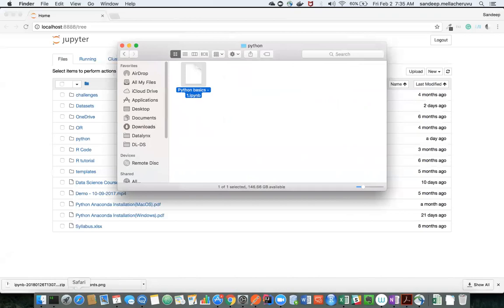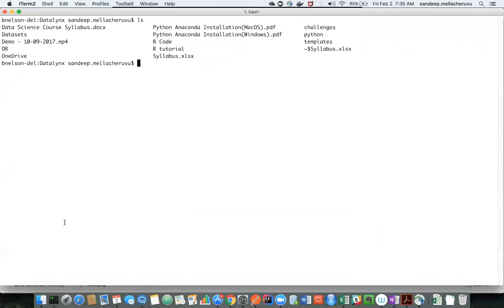In the meantime, you can also open your terminal or any command prompt. On Mac, it will be called terminal, and command prompt on Windows. Type Jupyter Notebook. See this command very clearly: Jupyter space notebook, and enter.